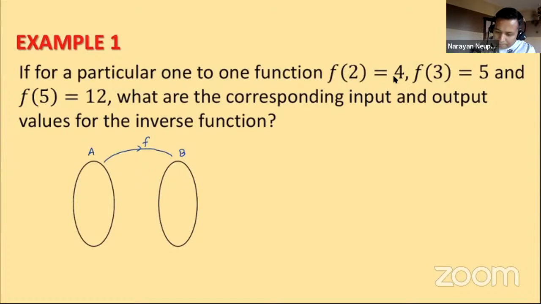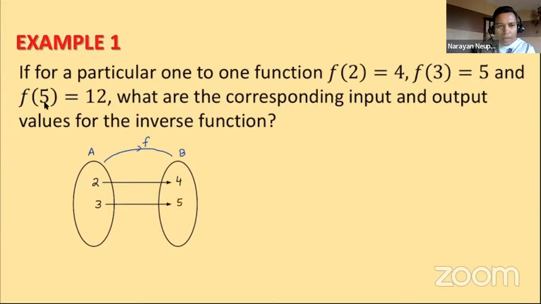So if we have 2 here, then this one maps to 4. Here you can see in set A we have 2, and the corresponding value in set B is 4. Similarly, f of 3 is 5. That means if the input is 3, the output is 5.